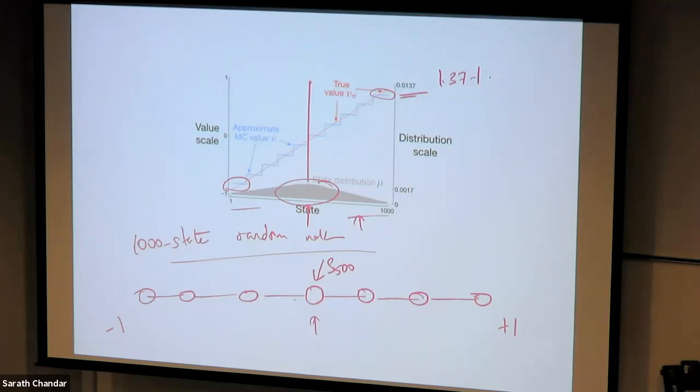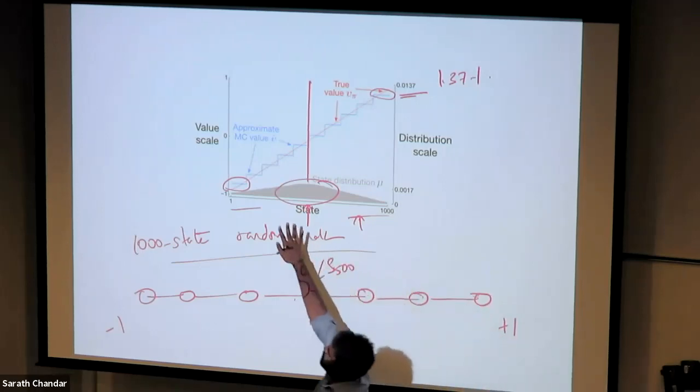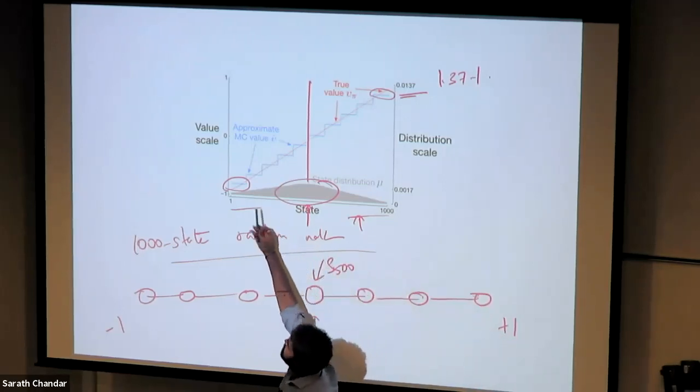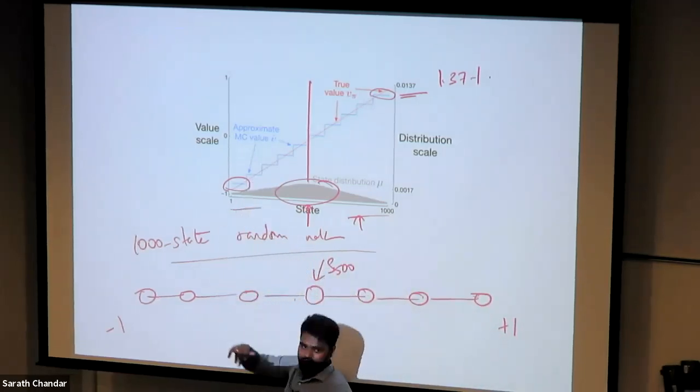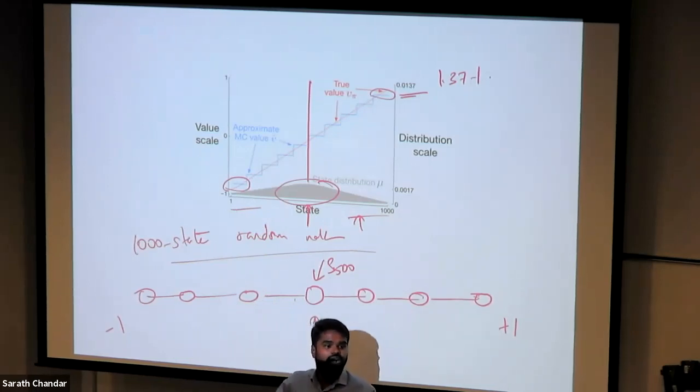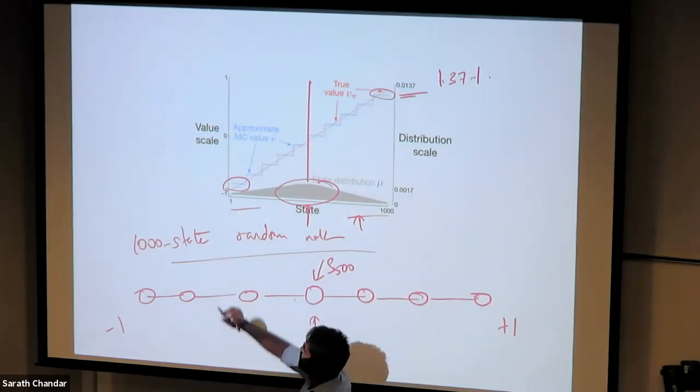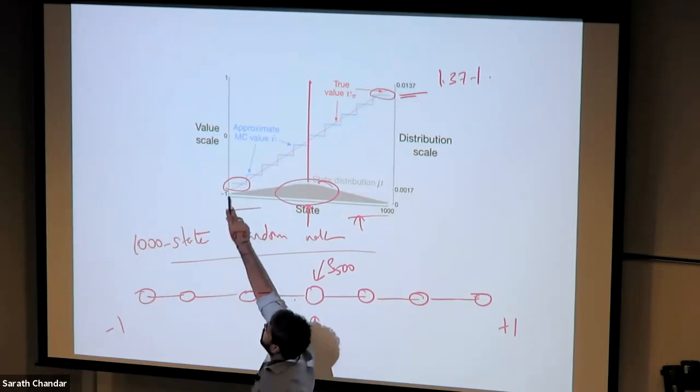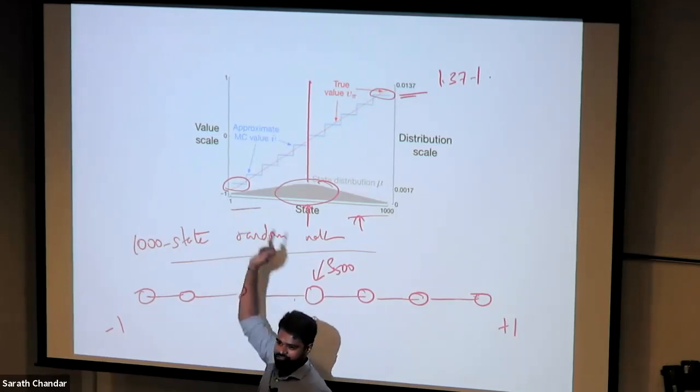Now you can see that the Monte Carlo estimates that we have are influenced by the state distribution. If you think about the left half, all the estimates that you're getting are tilted up. For example, in the first aggregate, you have state 1 to state 100.